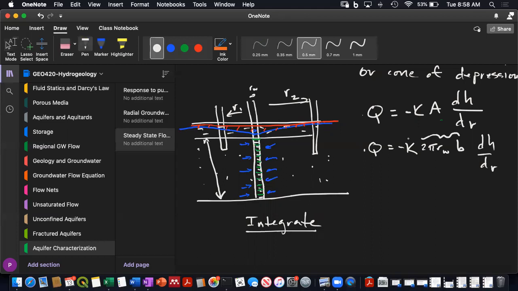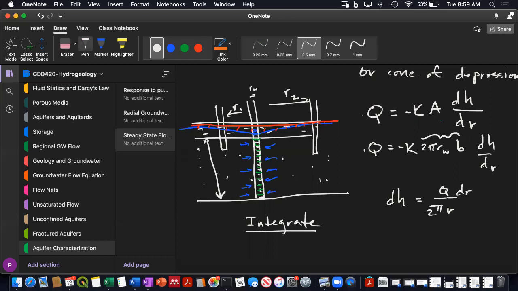All right, I'm just going to do a little bit of algebra here, and I'm going to get all my dH's on one side and everything that has to do with r, Q, on the other side.